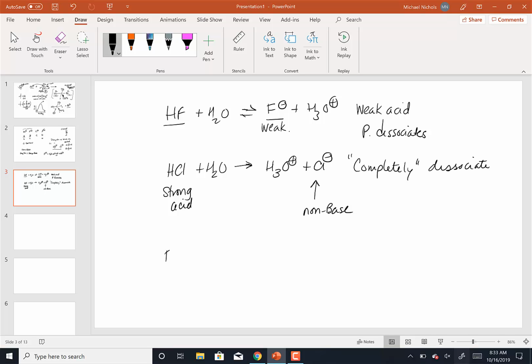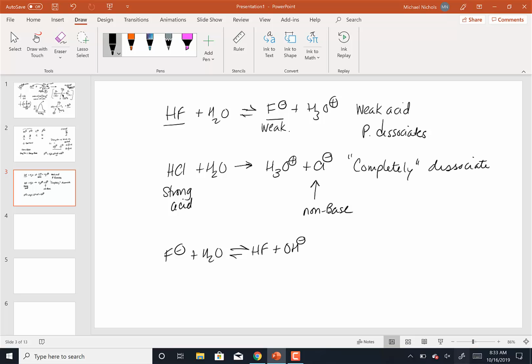If I drop some fluoride into water, I'm going to end up with an equilibrium between HF and hydroxide, because it will hydrolyze water in an equilibrium expression. So weak bases will react with water in equilibrium. Strong bases would be a complete deprotonation of water, and a non-base doesn't touch water.